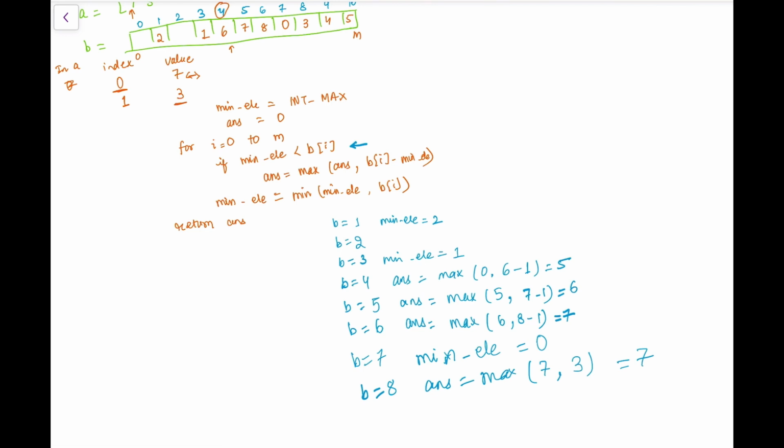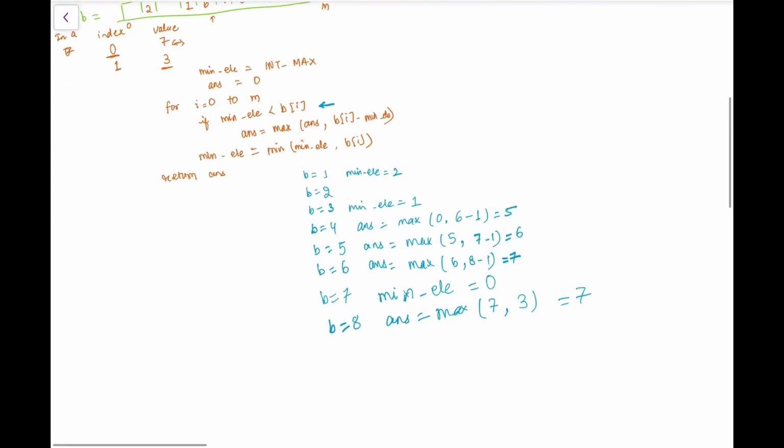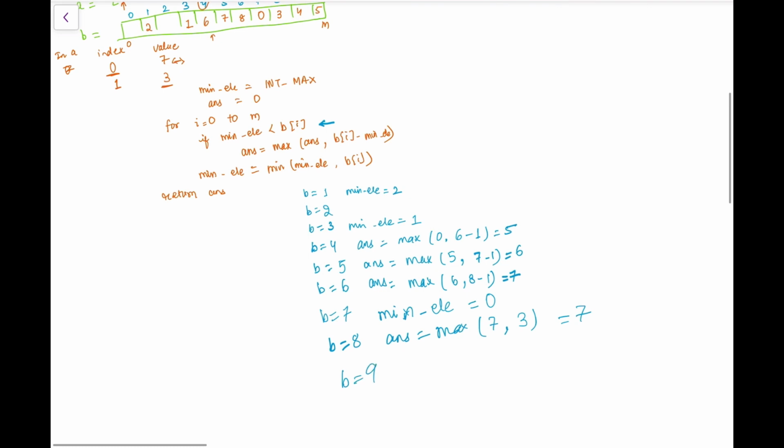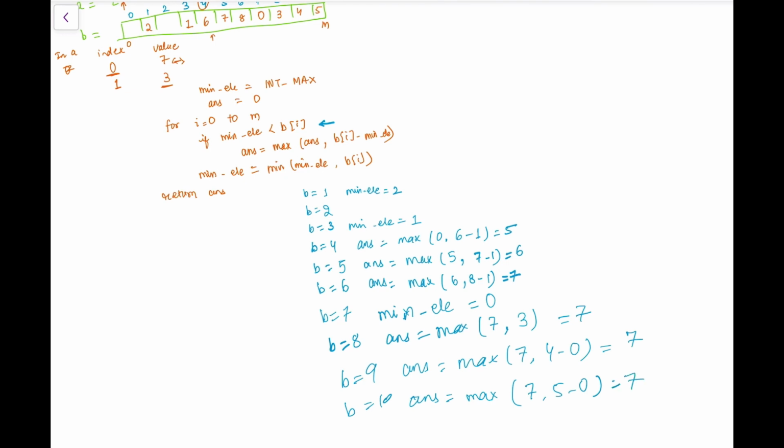Similarly, for b equal to 9, answer will be equal to maximum of 7 comma 4 minus 0, which will be equal to 7. b equal to 10, answer will be equal to maximum of 7 comma 5 minus 0, which will be equal to 7. So at last, we'll have the answer equal to 7.